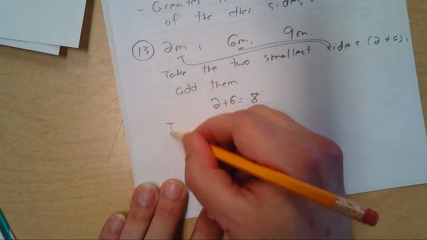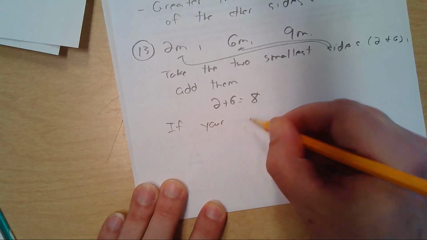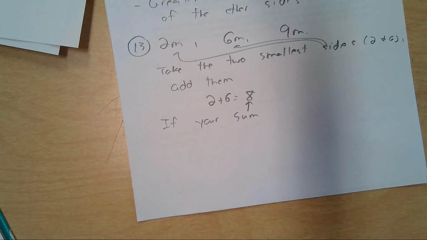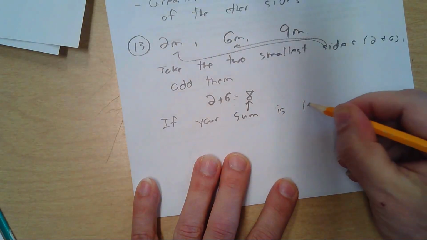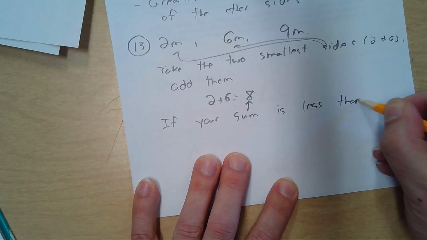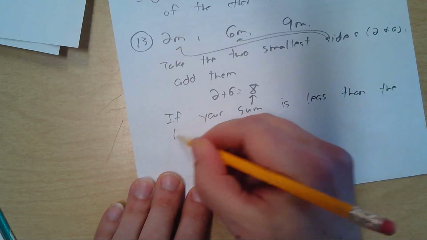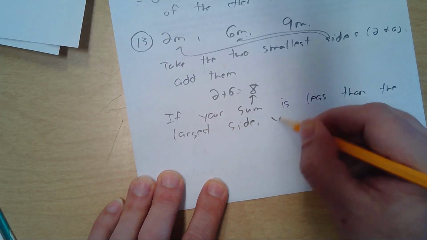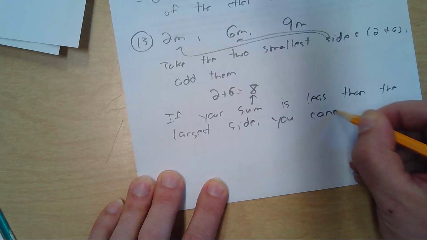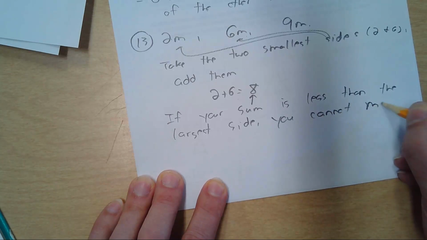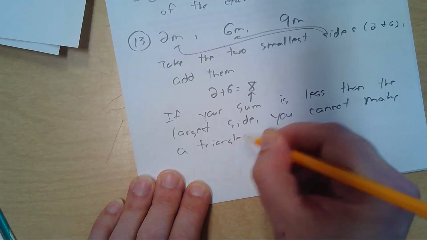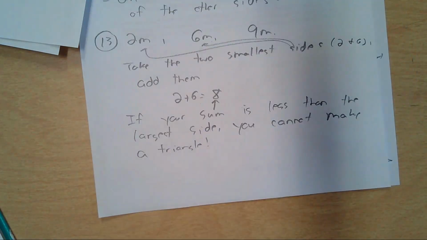Okay? If your sum, the answer to my addition problem, is less than the largest side, you cannot make a triangle. I'll create a different example in a second.